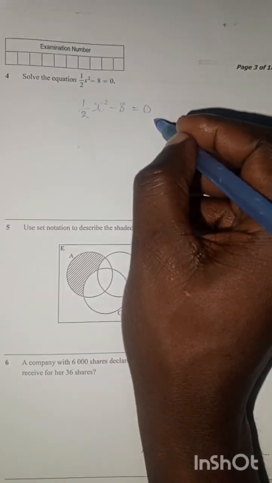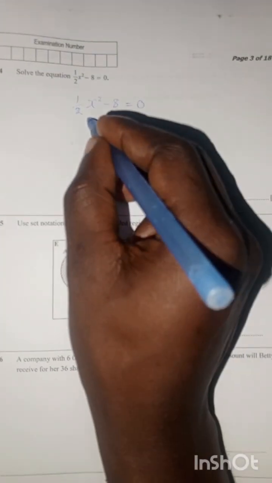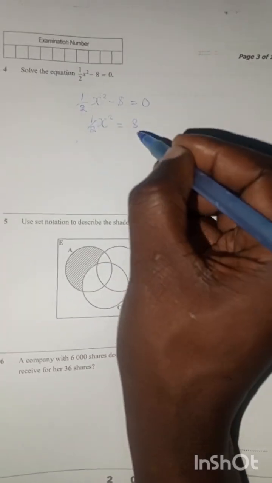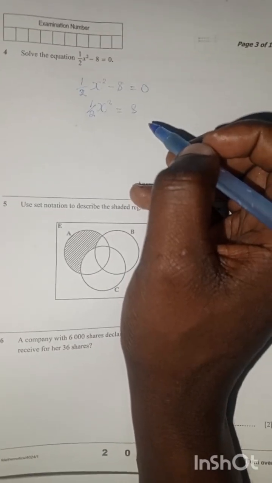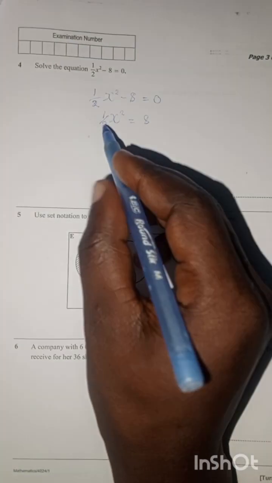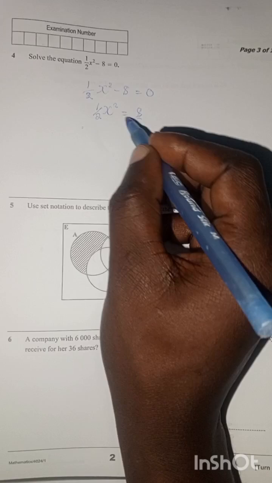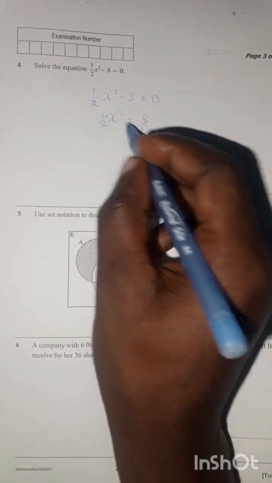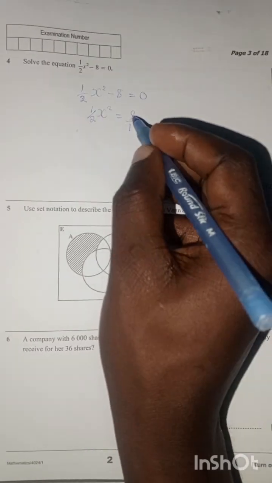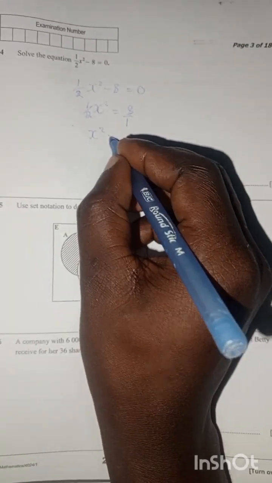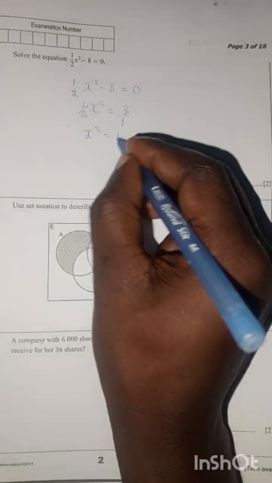First thing, just move the 8 to the other side. This will give us 1 over 2 x squared is equal to 8. Then we can cross multiply, so x squared is equal to 2 by 8, which gives us 16.